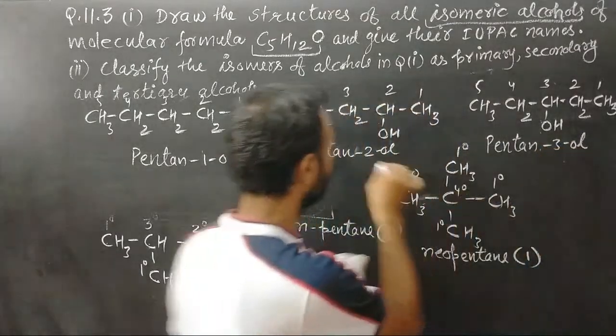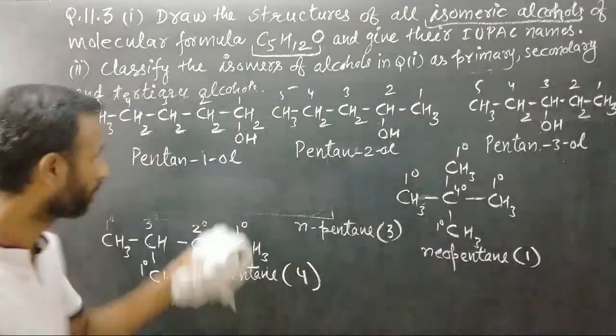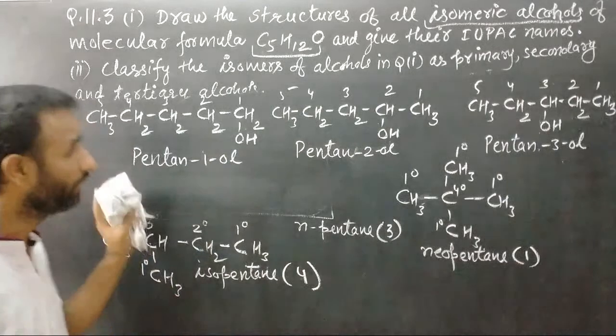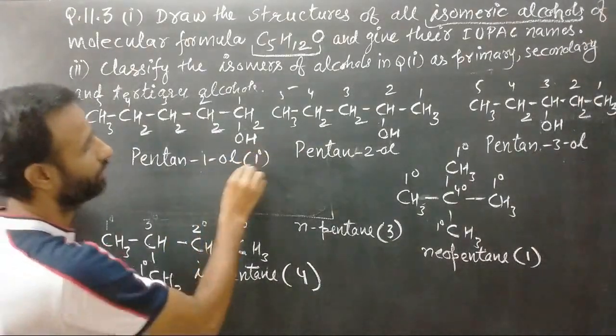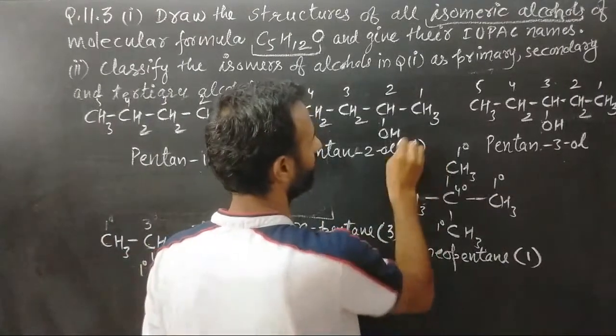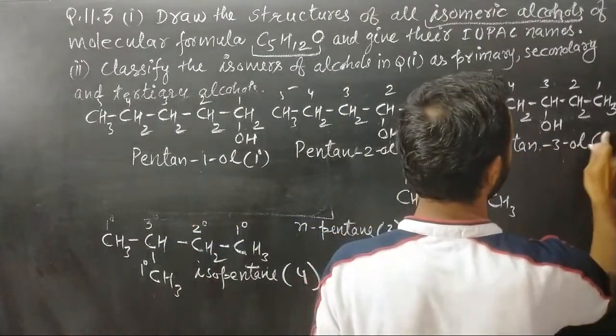See, 4 is removed because it starts from the other side. Okay, so these are the three isomers, and the first one is primary, the second is secondary, the third is also secondary.